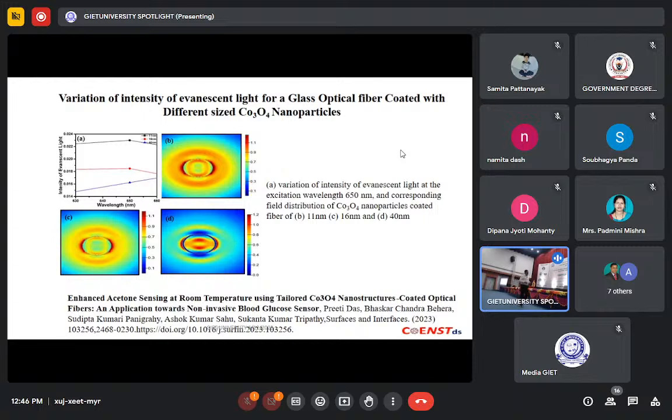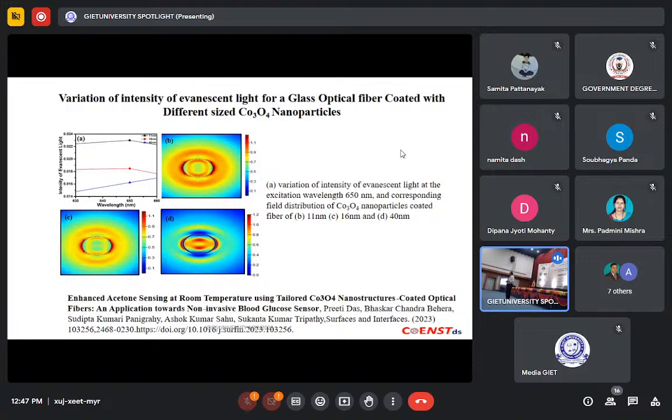Again, if you see the simulation, this is not COMSOL, this is the real simulation we made. Here, when you use this nanoparticle, you are trying to understand how the light is leaking out, or what is the effect of the size of this nanoparticle on the light leaking out of this material. You take an optical fiber, for example, and you see the light which is coming out. Some light is coming out, right?